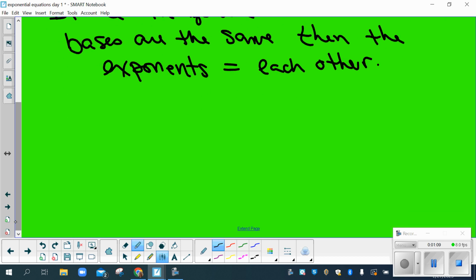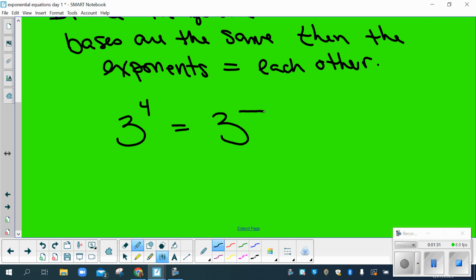It means this. If we have a number like 3 to the 4th power, and I'm saying it is equal to 3 to some random power, obviously, if it's 3 to the 4th power here, what does this guy have to be?